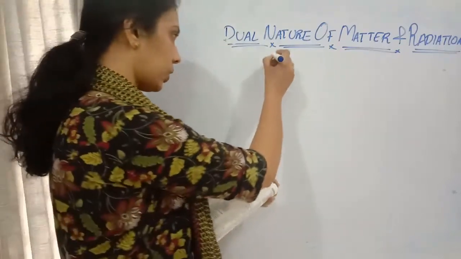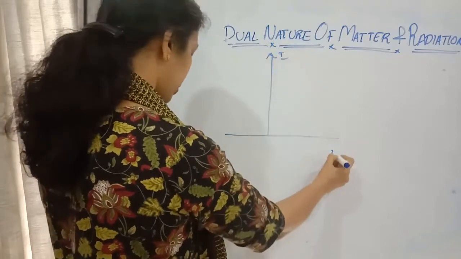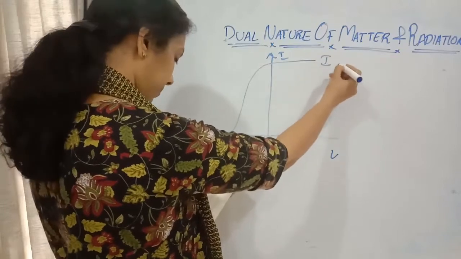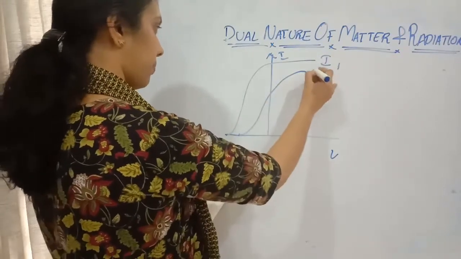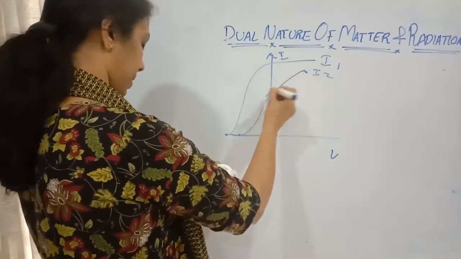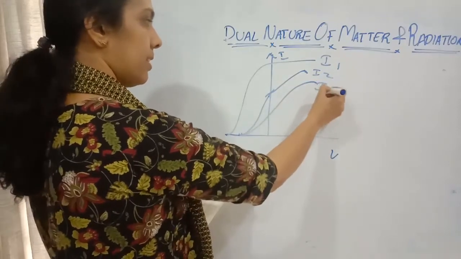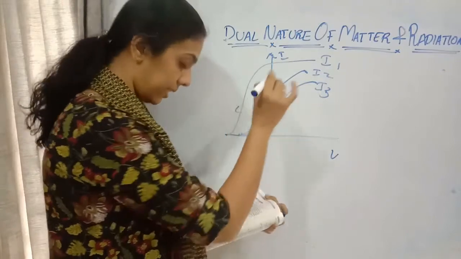So first I will draw the graph. Here photocurrent and this is the potential, and here it is given like I1 and this is I2 and next is I3. Okay, curve A, B, C.